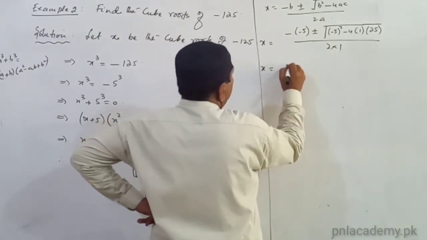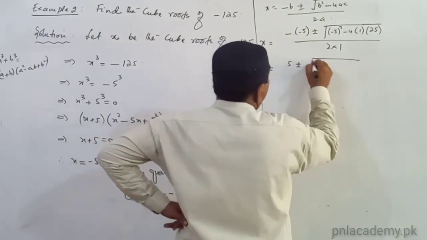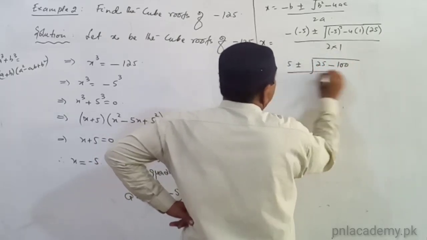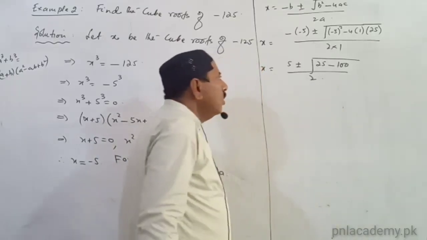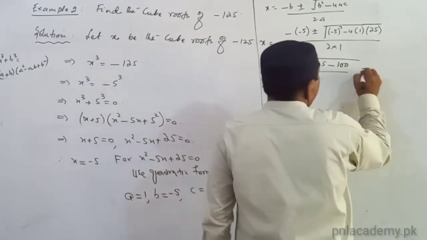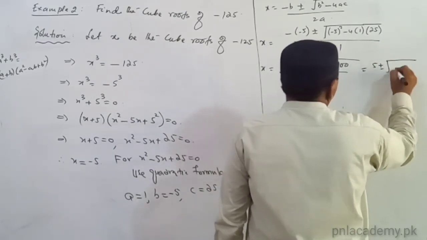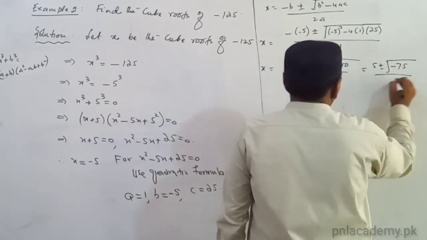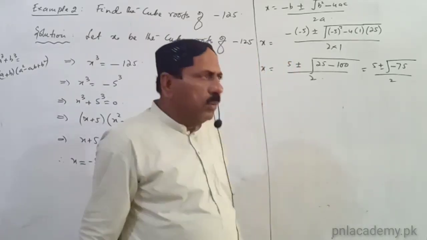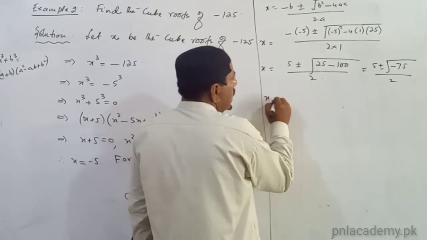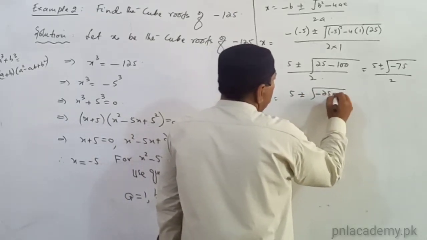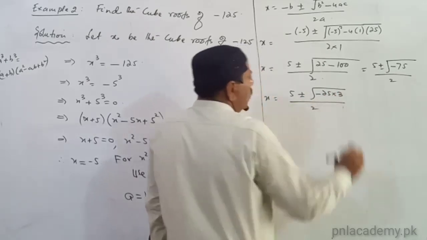So x is equal to 5 plus or minus radical 25 minus 100 upon 2. 25 minus 100 is minus 75, so this is 5 plus or minus radical minus 25 into 3 upon 2.